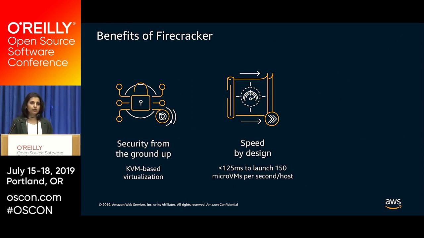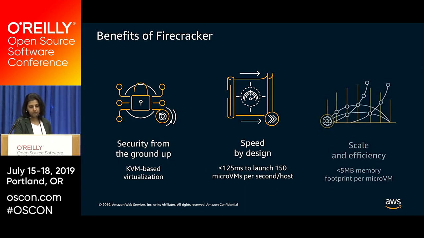This enables low overhead in terms of how much memory it requires and allows for the fast boot up of each of these microVMs. We have done some benchmarking, and we're able to achieve less than 125 milliseconds to launch, and 150 microVMs per second on a single host.